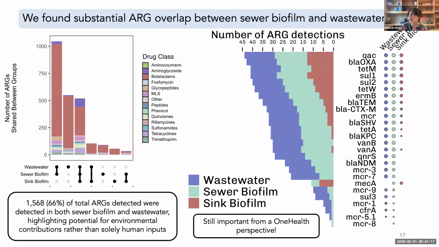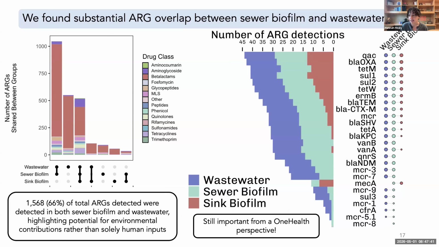And then if we zoom in on specific genes that are commonly used as indicators or commonly observed in some of these prior wastewater environmental studies, we see that there's a lot of overlap in these as well, and very consistent detection in sewer biofilms and then even in the drain biofilms that are upstream.